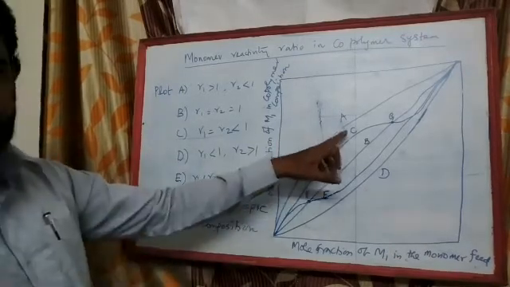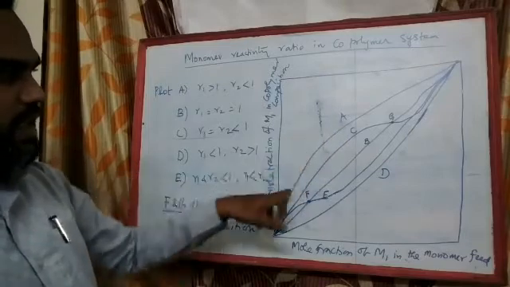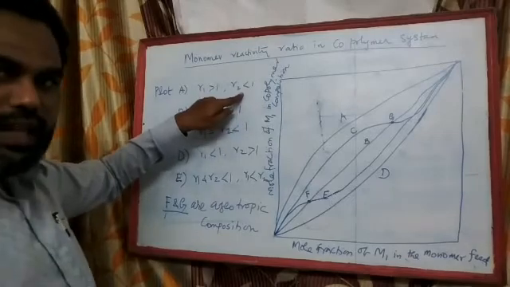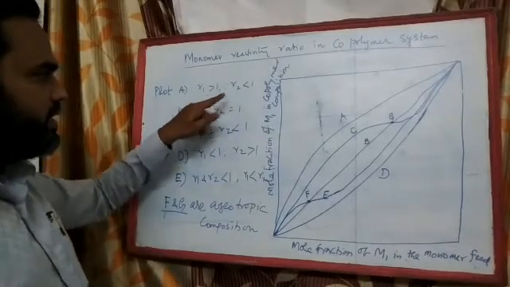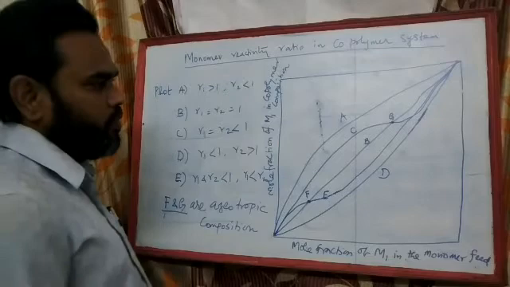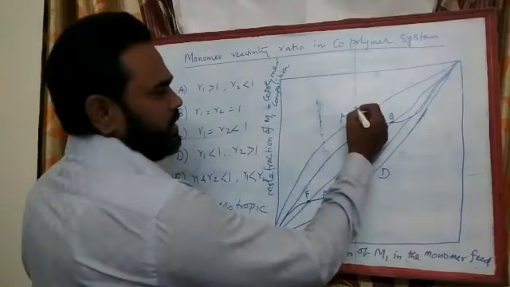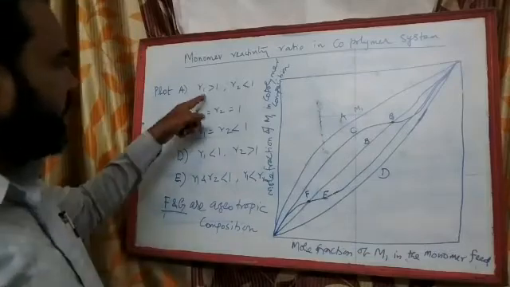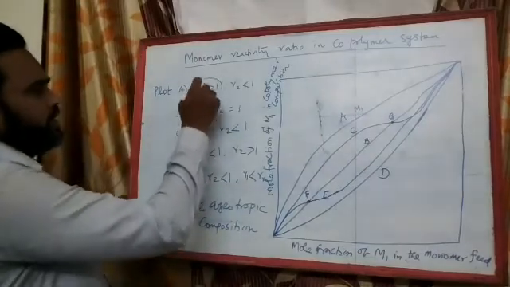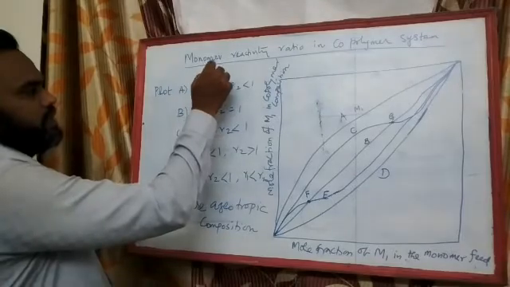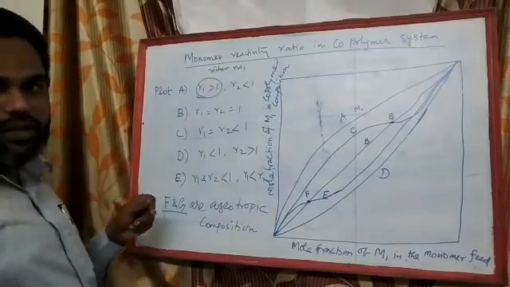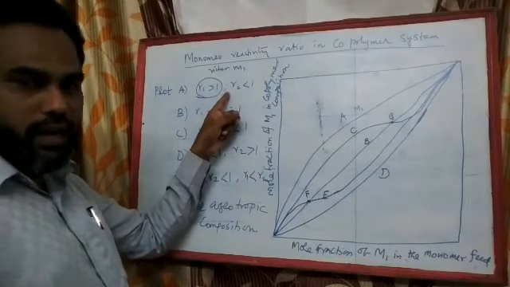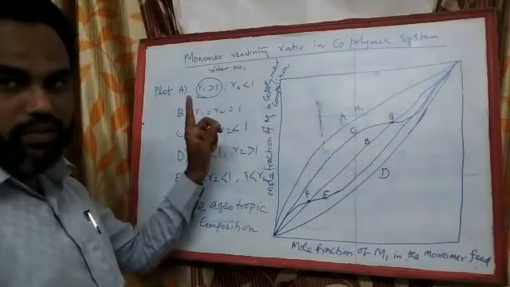So first let us see system A, where R1 is greater than 1 and R2 is lesser than 1. In that case, the copolymer is richer in the first monomer. R1 greater than 1 means the copolymer is richer in M1, and the copolymer has a lower mole fraction of the second monomer.